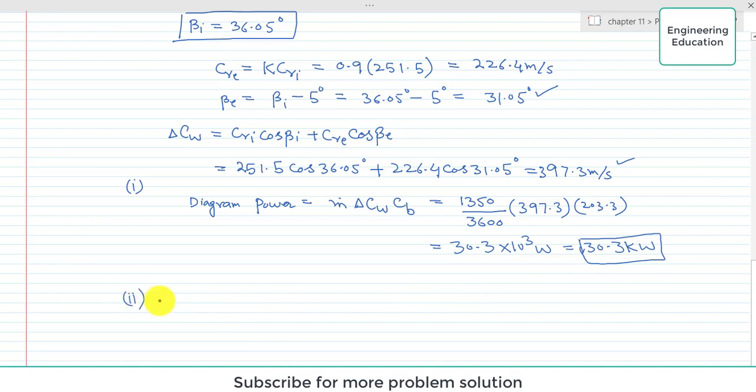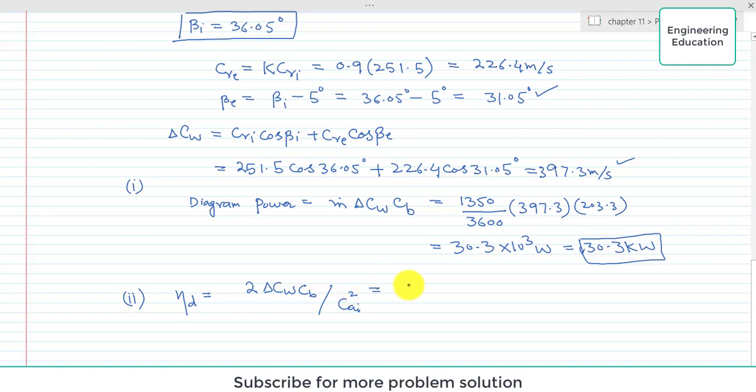Similarly, to find another term, the diagram efficiency, we have the expression that the diagram efficiency is equal to 2 delta CW into CB by CAI square.